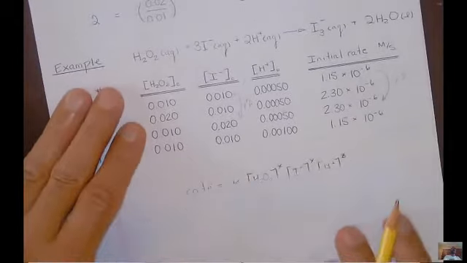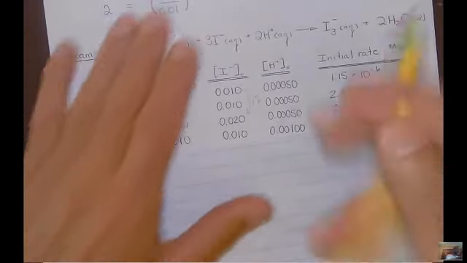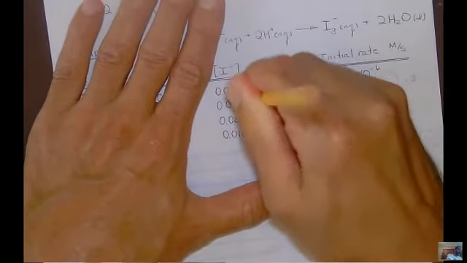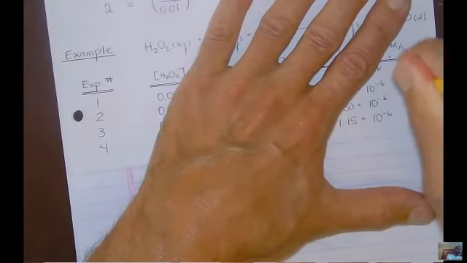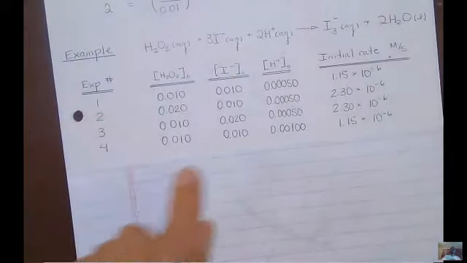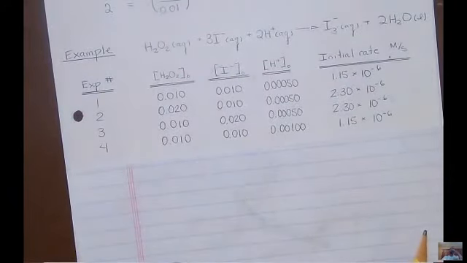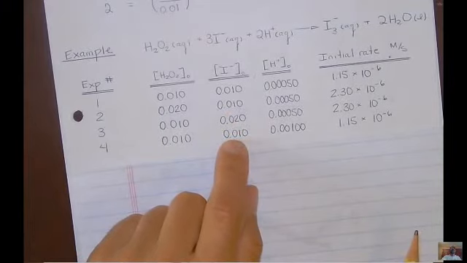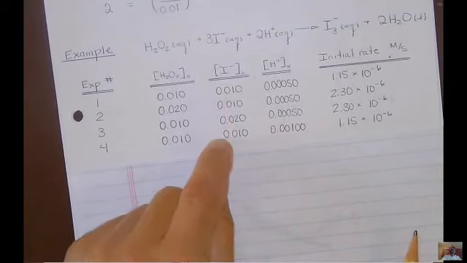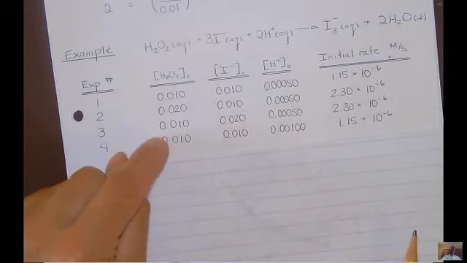Let's look at 1 and 4. Well, let's not guess where we're going to look. Let me erase that. Let's look in the data for places where only the hydrogen ion, only the acid concentration, changed. Everything else stayed the same. Okay? So that stays the same. That stays the same.